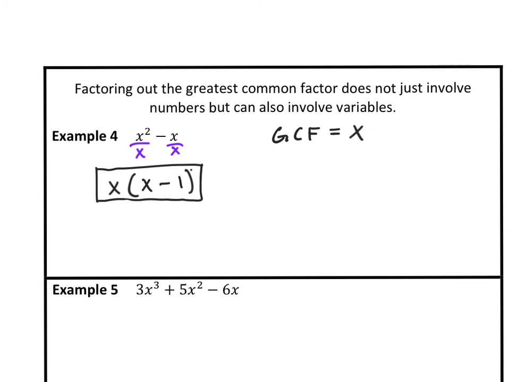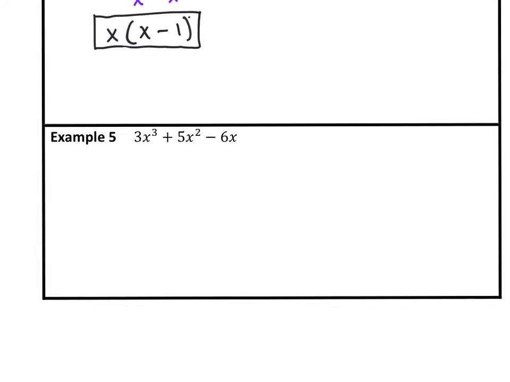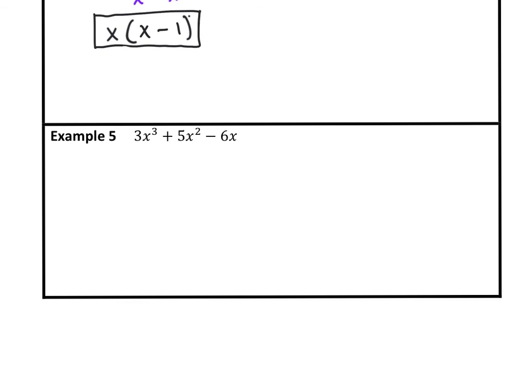All right. Let's go on to the next one. Or actually the last one. Example 5. Let's try and identify what the GCF would be in this case. Okay, now let's look at the numbers. And again, it's up to you.